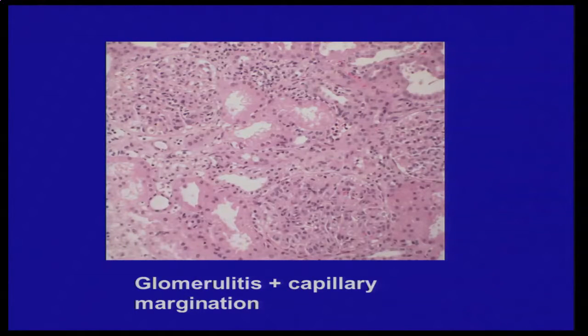And this is showing glomerulitis and peritubular capillaritis, which is a hallmark of antibody-mediated rejection that you require to make that diagnosis, which puts in place a whole different type of therapy and targeted therapy, which you need to target the antibody and the B cells as opposed to T cells.